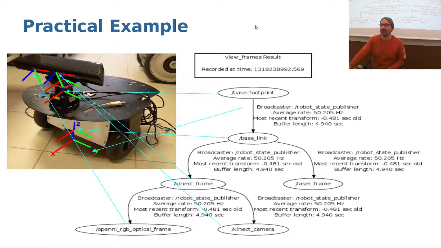Now, there is some tradition in the ROS ecosystem of putting frames as they want. We have one thing which is called the base footprint. Because in order to make things a little bit more complicated, we're not reasoning in terms of the base of the robot, right? The origin of the robot, in case of a differential drive, is sitting in the middle of the axis between the two wheels.